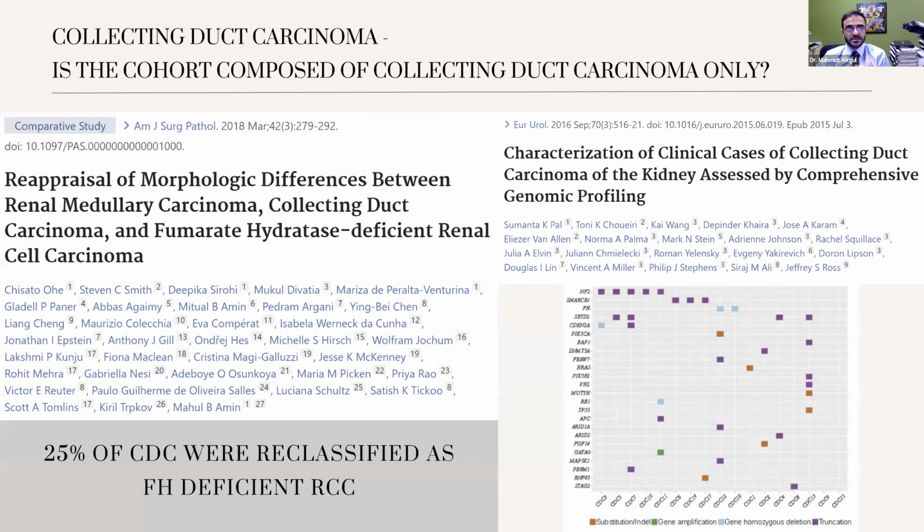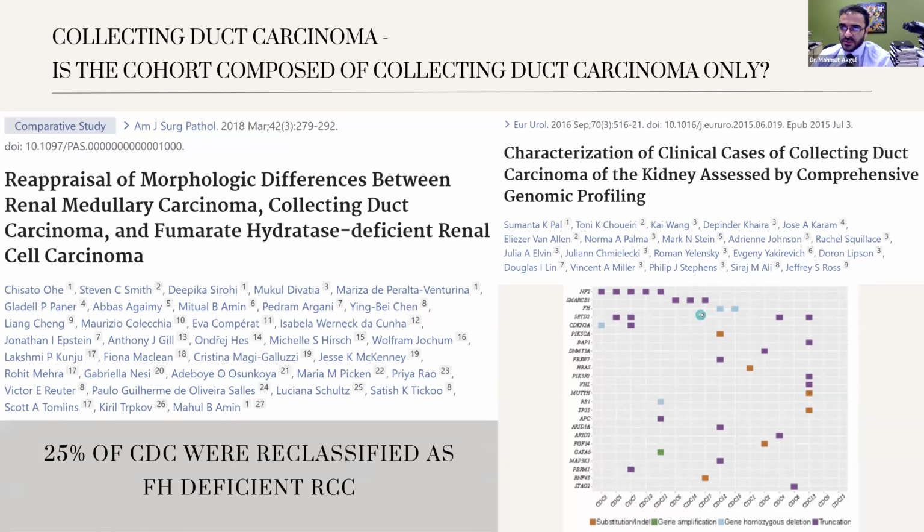There are studies showing that older cases that were diagnosed as collecting duct carcinoma were actually something else. In this study, led by Dr. Ohe, they basically reclassified 25% of collecting duct carcinomas as fumarate deficient RCC.